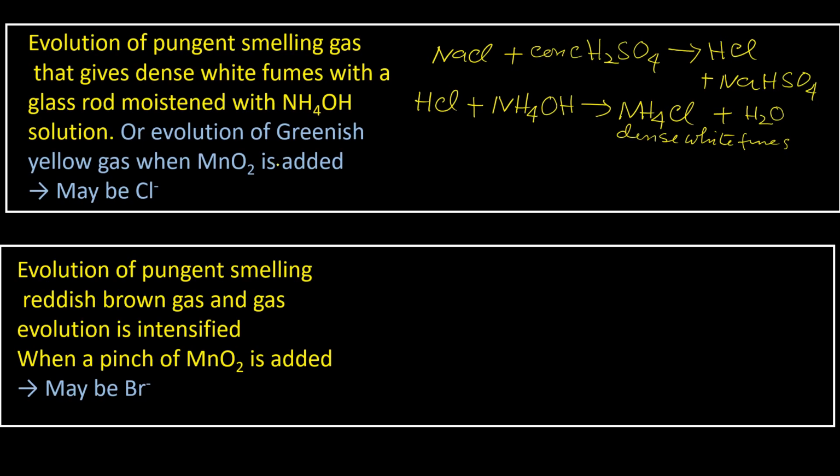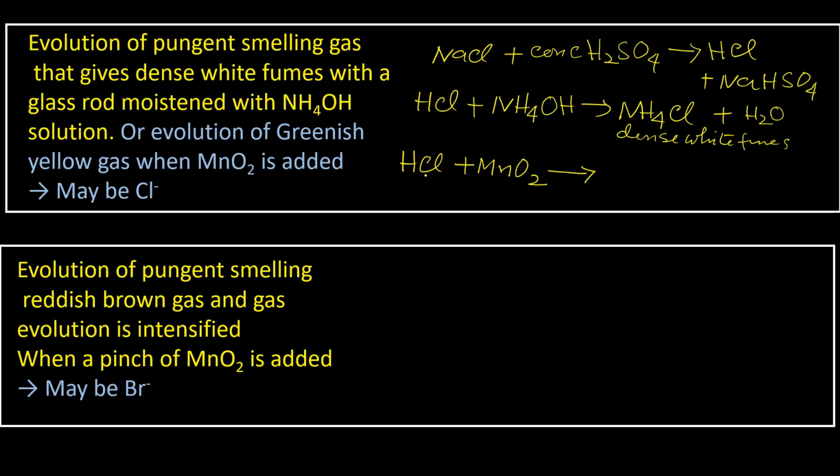Another way we are doing is adding manganese dioxide, MnO2, and your sulfuric acid is also there. Then we are getting chlorine gas. Concentrated sulfuric acid is an oxidizing agent, right?